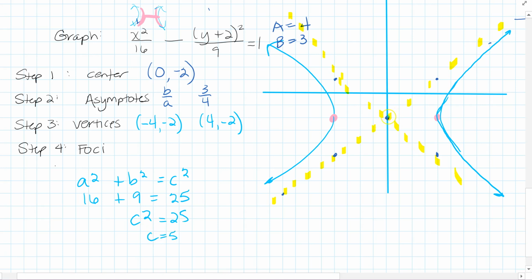So from the center, 1, 2, 3, 4, 5, and 1, 2, 3, 4, 5. And there are my foci: -5, -2 and +5, -2. So hopefully, if you write these steps down, it makes it easier. Center, asymptotes, vertices, foci.